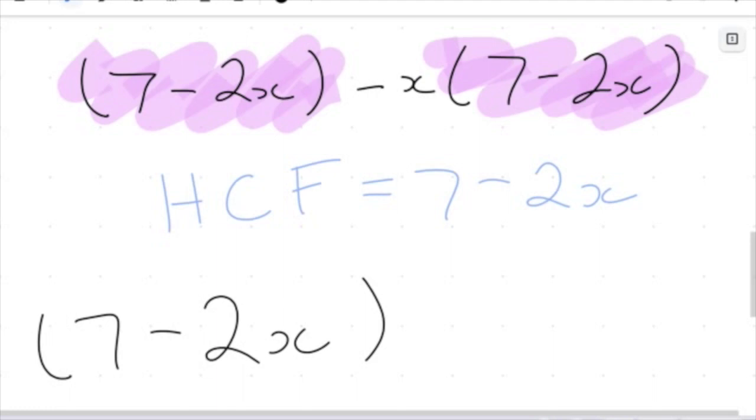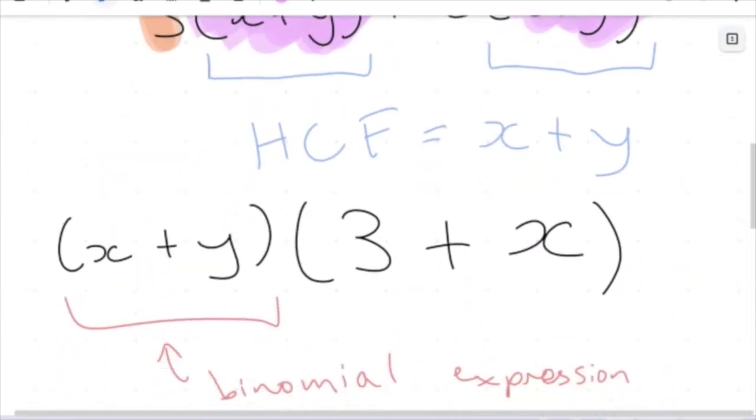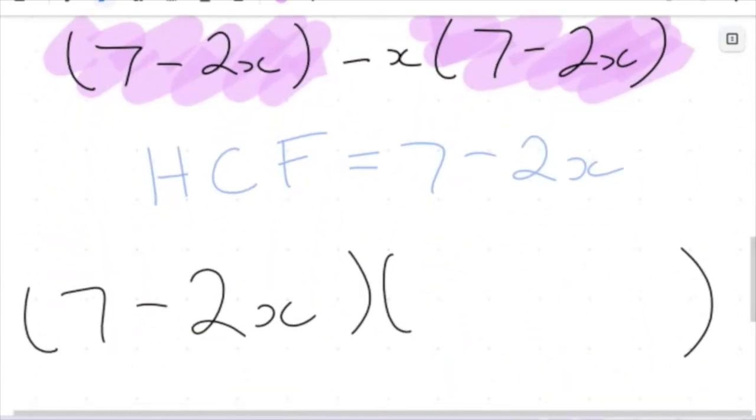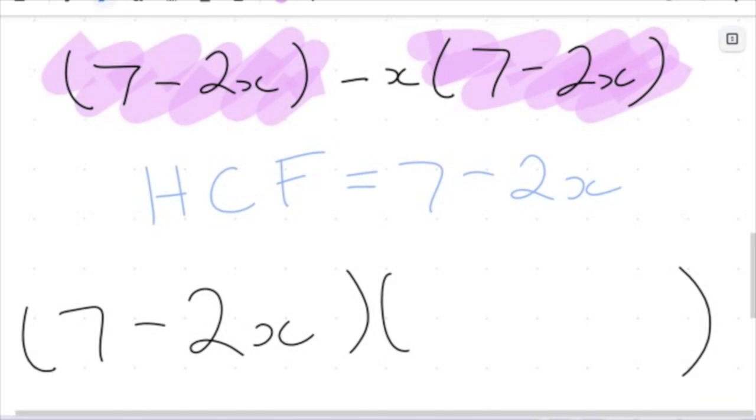So now we want to find how many times does 7 minus 2x go into my first term, 7 minus 2x, and my next term, minus x outside of 7 minus 2x. Well, the first one here, at first it kind of looks tricky because it's a bit different to what we've done here, but it actually ends up being a bit easier. Because think about this.